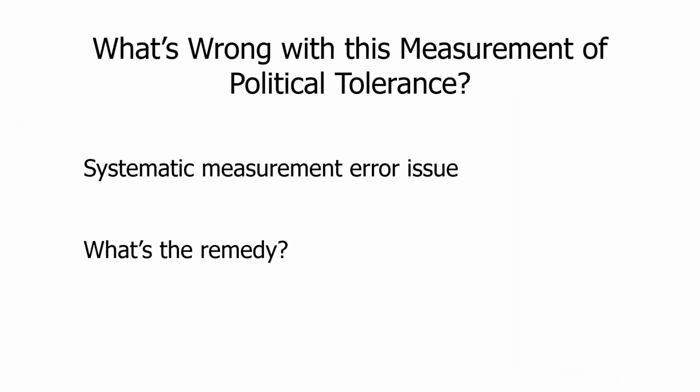What's wrong with this measurement strategy? The one thing we came to realize about this was that there were two referents in these questions on tolerance. One, of course, was tapping some amount of political tolerance. Obviously, if you're willing to extend basic freedoms to all groups, then you would be measured as having tolerance.